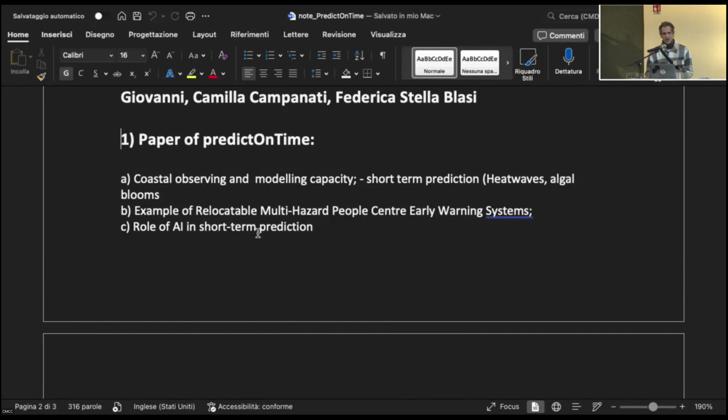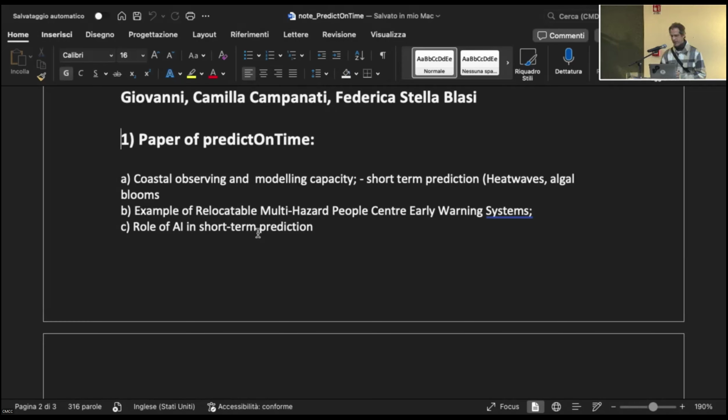So essentially, the discussion focused on 4 points. The first is about the preparation of a white paper on Predict on Time, which must focus on the necessity of coastal observations for coastal modeling, because clearly another issue in coastal modeling is the lack of observations that we can use to calibrate or train models.